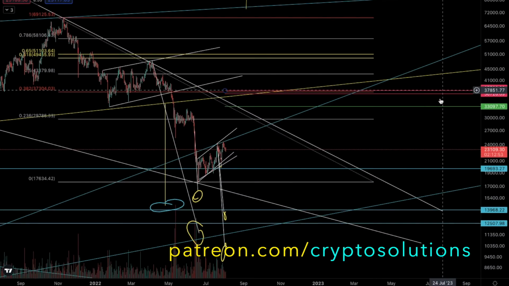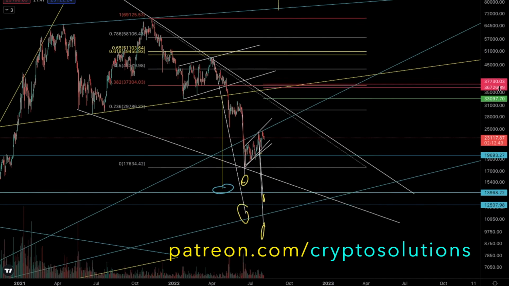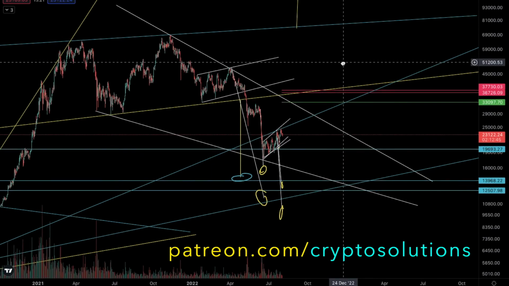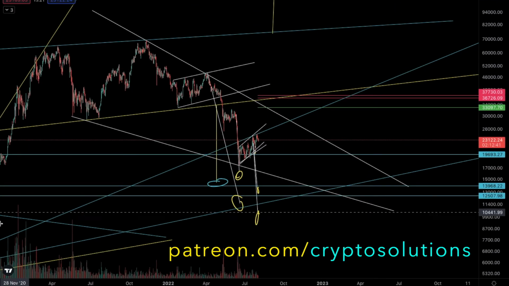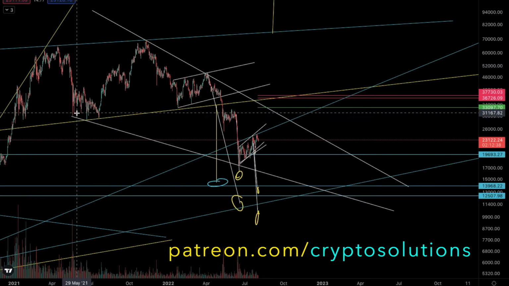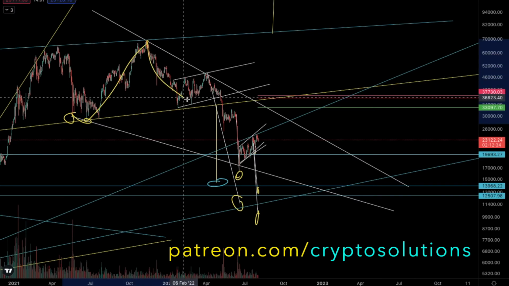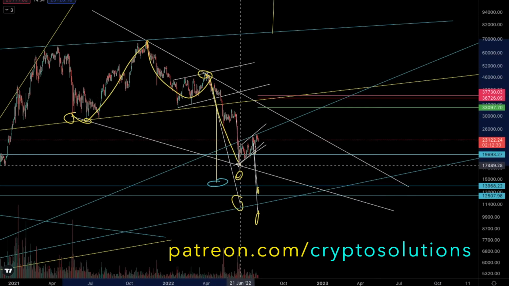Those are my selling targets at this moment, and I'm going to delete this Fibonacci retracement right there. And something very interesting I found today. Look at this. You have this support here, you have the resistance here a bunch of times, and then support exactly to the line.